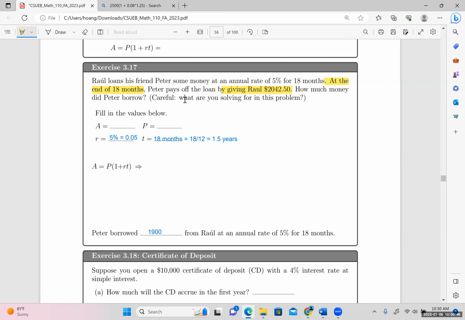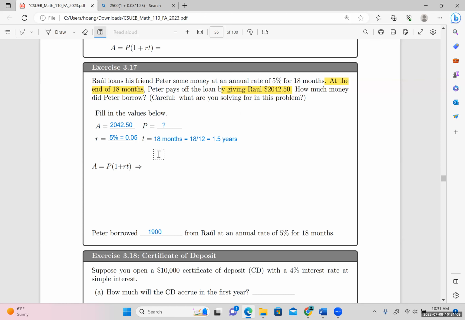Think about it. It should be the future value. So A in here must be equal to 2042.50, right? P value, you don't know, so put a question mark.